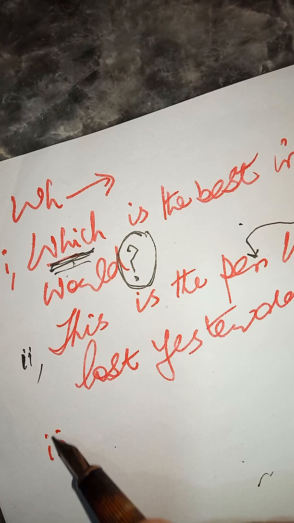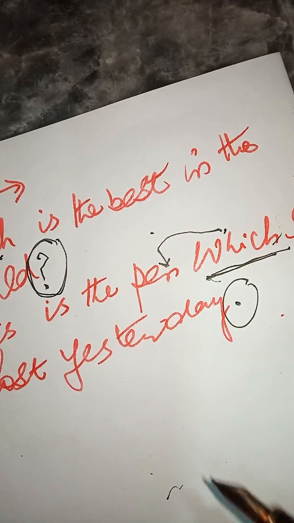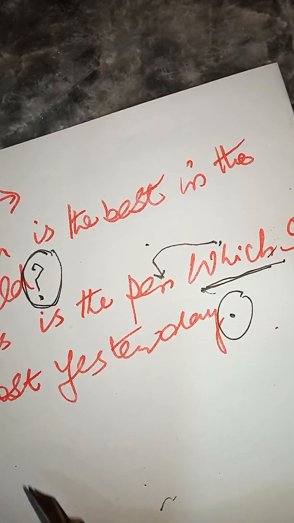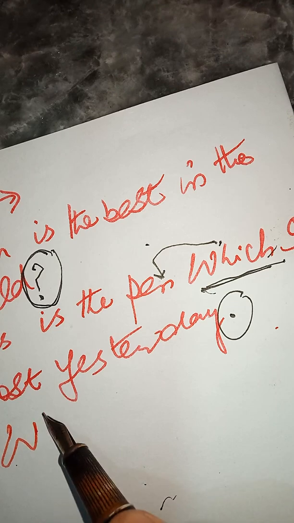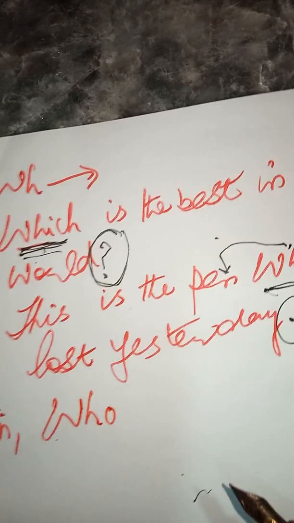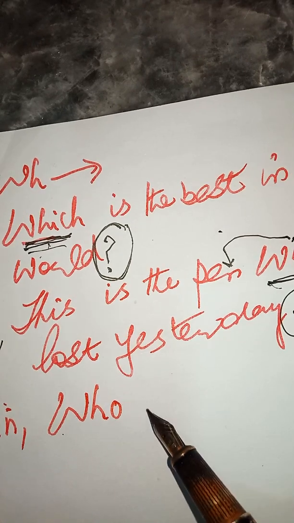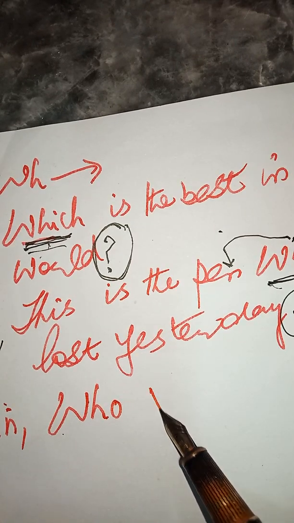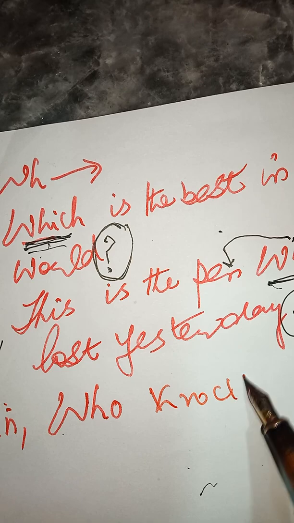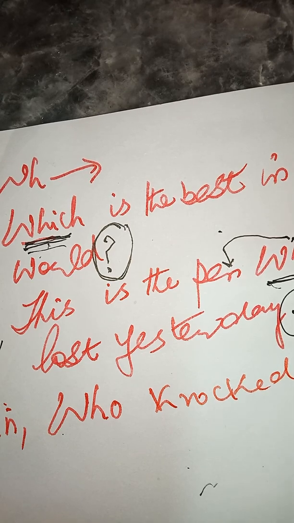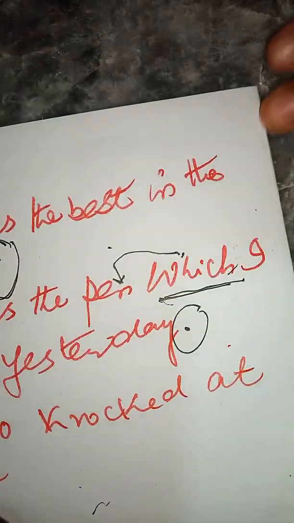Now we come to another example. Example number 3. Thinking of who, WHO. So who belongs to the WH family. Another sentence is: who knocked at the door? Who knocked at the door?